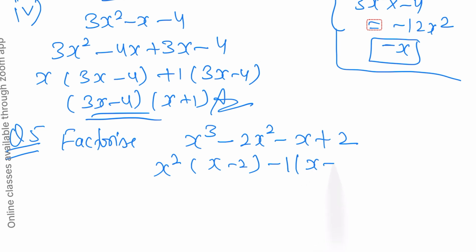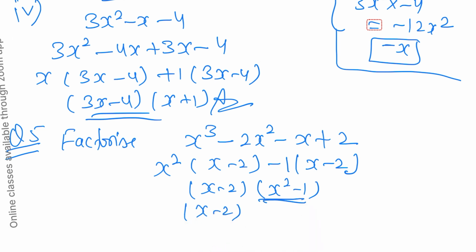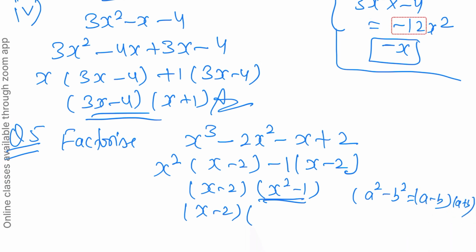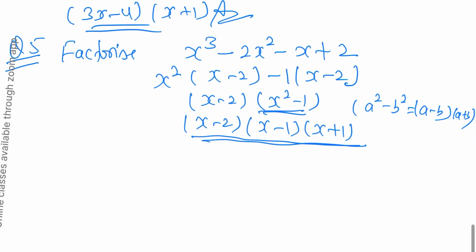From the last two we can take minus 1 common, so it is x minus 2. So throughout x minus 2 into x square minus 1. So x minus 2 into, we can apply the identity a square minus b square equals a minus b into a plus b. Here a is x and b is 1, so it becomes x minus 1 into x plus 1. So this is the factorization of this cubic polynomial.